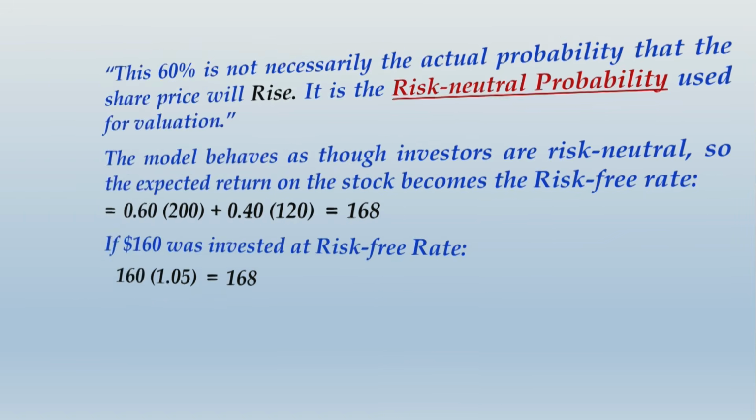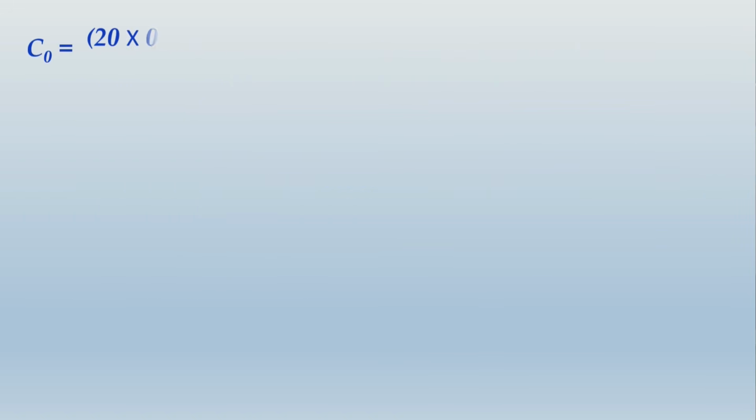Let us move ahead, and now we will say the value of call C0 will be Cu into the probability of price moving up. Cu, that is the value of call when the price goes up, we have already determined that as $20, plus this part is 0, because the probability of moving down was 0.4, but the value of call when the price goes down is 0, so we have made this entire term 0, and divided by the factor for risk free investment, that was 1.05.